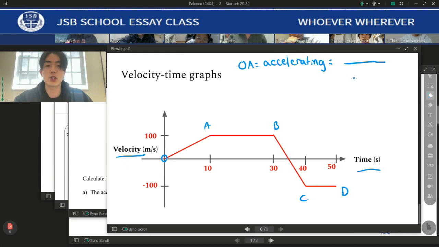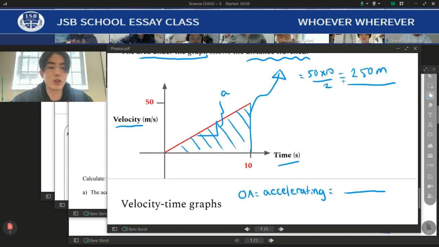Esther, how do you think we can work acceleration? Or Charlie, how do you work out the acceleration? 500. 500? How did you get 500? 100 multiply 10 and divide 2. Okay, good.